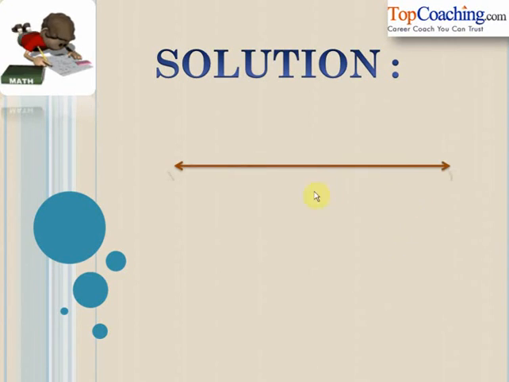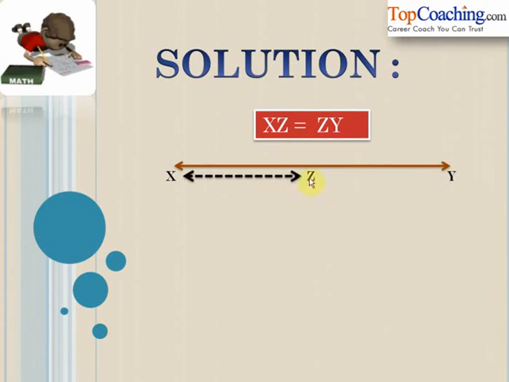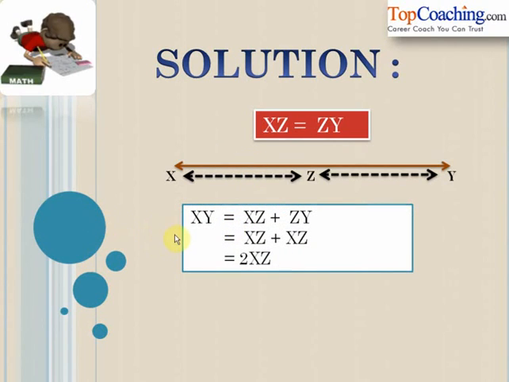We have a line XY and we have a point Z in between X and Y such that XZ is equal to ZY. So XZ is this length and ZY is this length. So XZ is equal to ZY. Now we can also write XY as equal to XZ plus ZY.